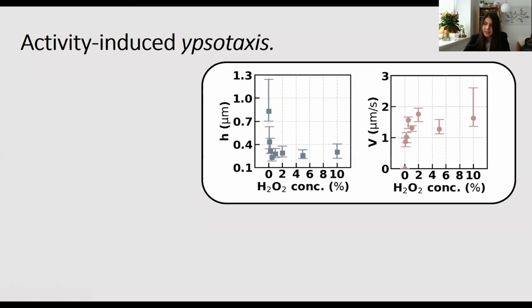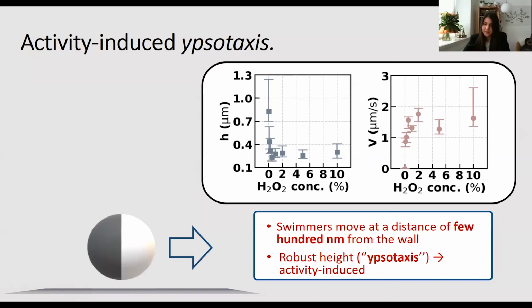And this also coincided with, in the same range of hydrogen peroxide, and already from these similarly low hydrogen peroxide concentrations, the speed of the particles also plateauing. So this actually verified our hypothesis that the ipsotactic tendency that we measure is induced by the activity. And when I say induced by the activity, I mean that we hypothesize that this happens because of the phoretic and osmotic flows that surround the particles and the wall.